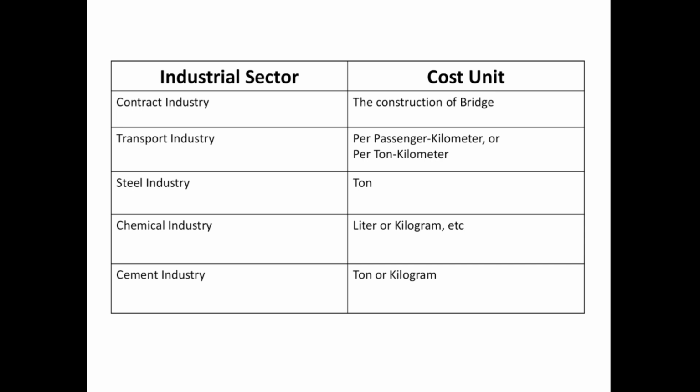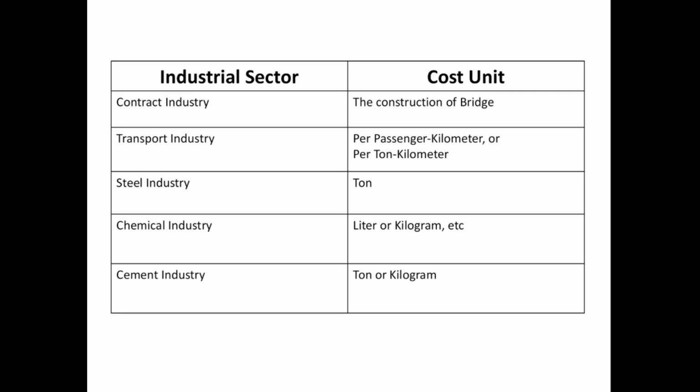In the transportation industry, it is per passenger per kilometer, and for luggage, per ton per kilometer by weight. In the steel industry, manufacturing steel rolling bars and other engineering equipment, it would be on a per ton basis.